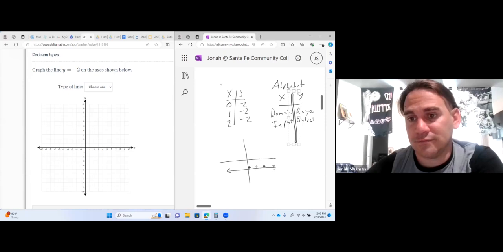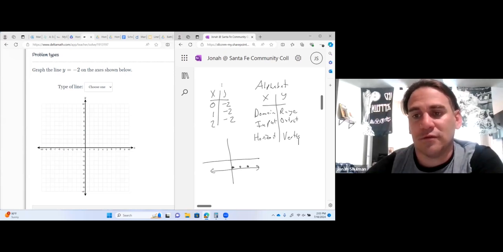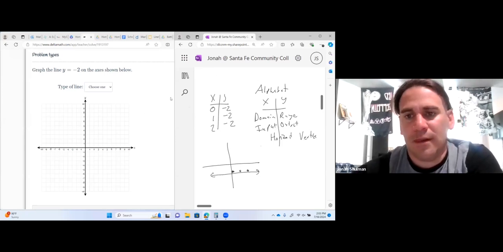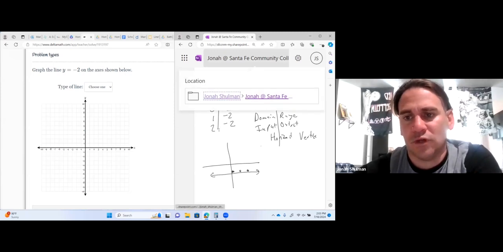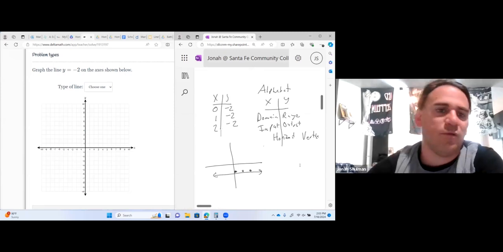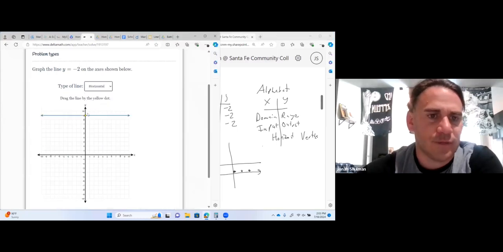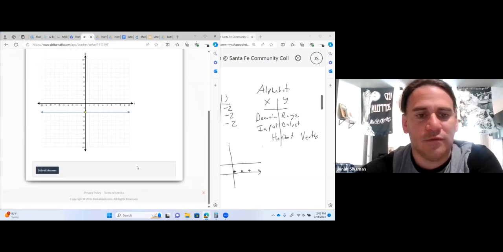Horizontal, then vertical. And it's the same thing for all of them. These all go left to right. I don't know why that got all weird on me. Sorry about that. But the alphabet will really help them. That's how I know this is going to be a horizontal line. We just have to drop it down to -2. Ta-da! We'll do the other one.